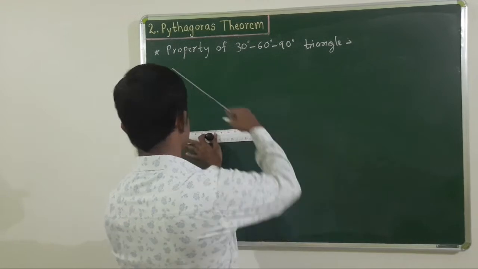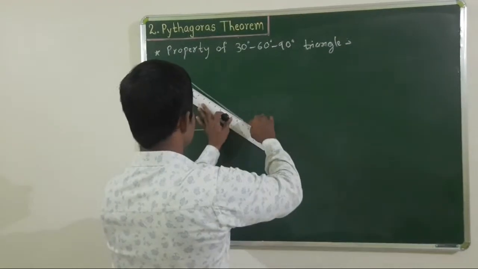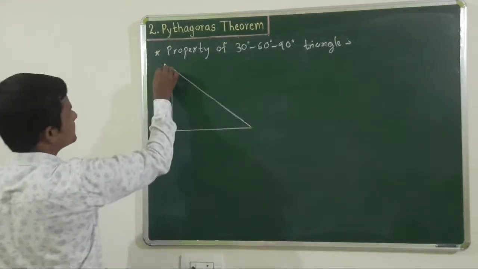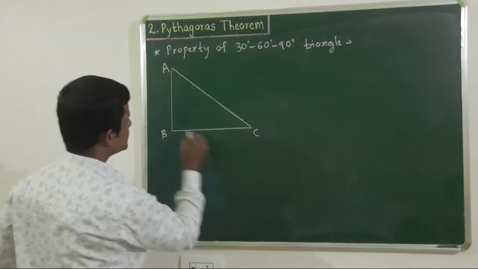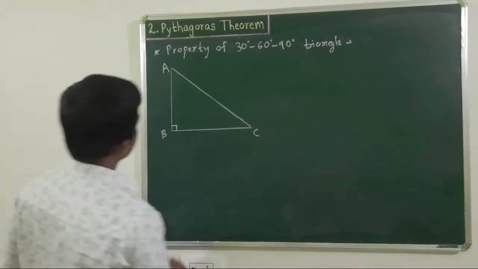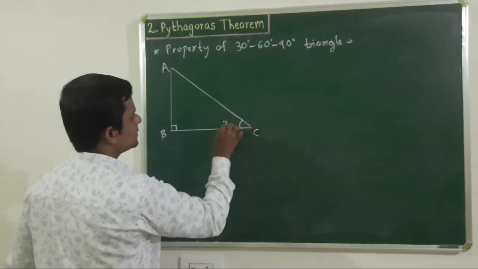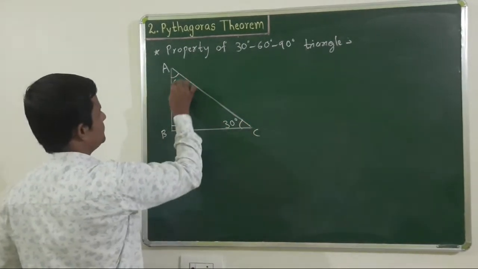Obviously, suppose triangle ABC in which angle B is 90 degree. Suppose this angle is 30 degree and this one is 60 degree.